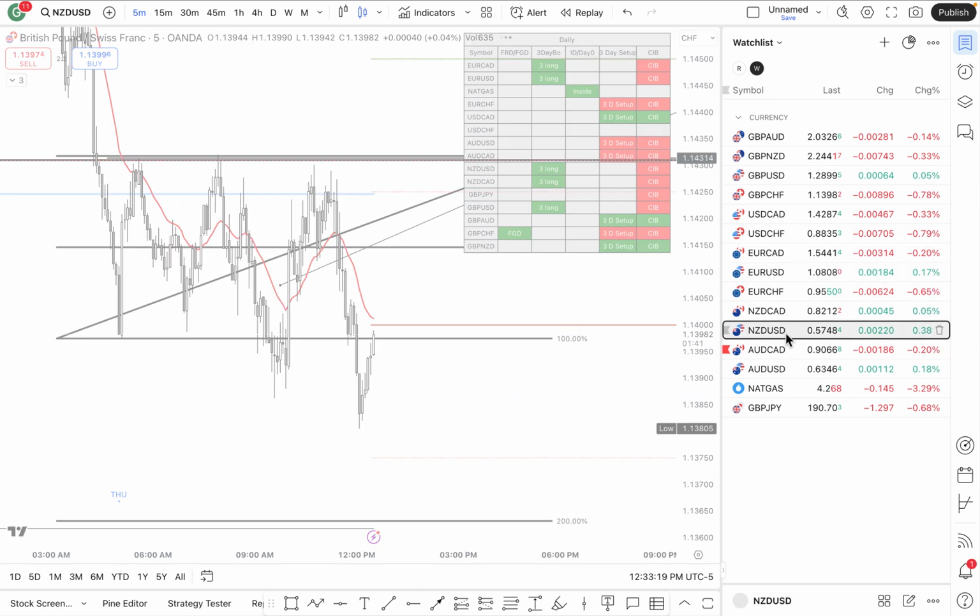Now the NZD USD 3 days of longs, close and breakout. So we may see a market on NZD USD which may be approaching or maybe trying to take out the previous year high before we can see a proper reversal of that range if it presents itself.